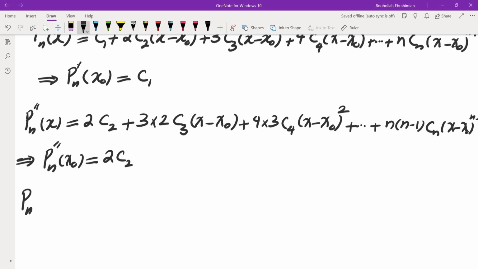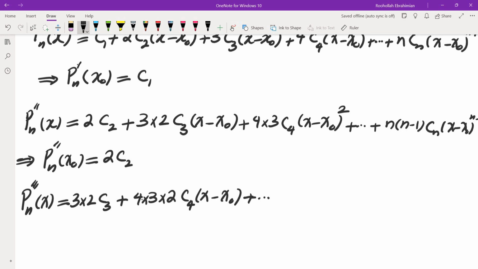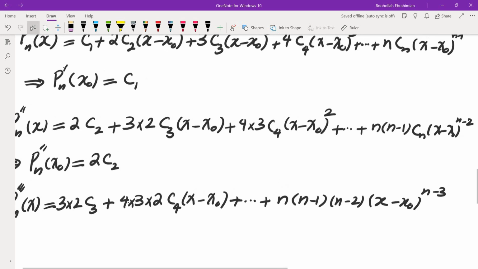If you differentiate again, Pn triple prime of x: 2c2 is going to become 0. It becomes 3 times 2c3 plus 4 times 3 times 2c4 times x minus x0, all the way to n times n minus 1 times n minus 2 times x minus x0 to the power of n minus 3.